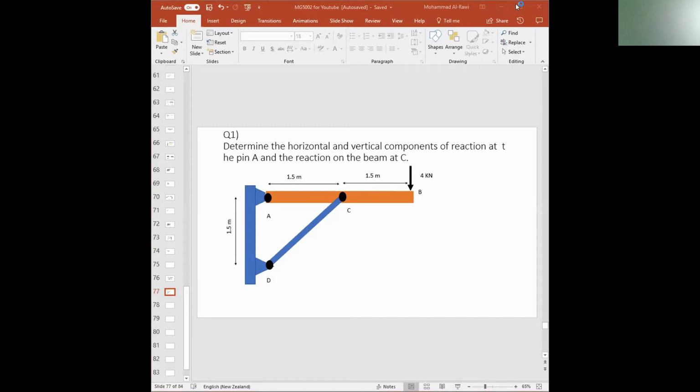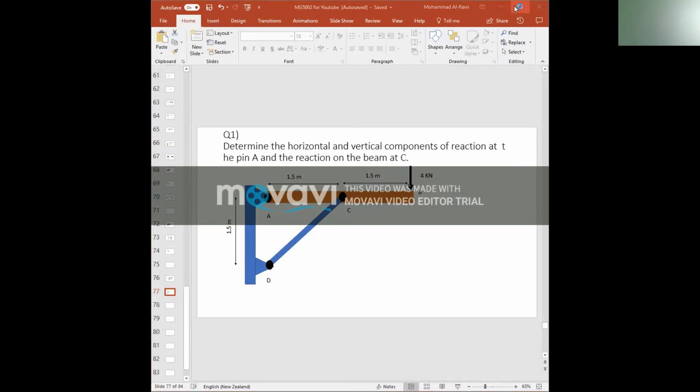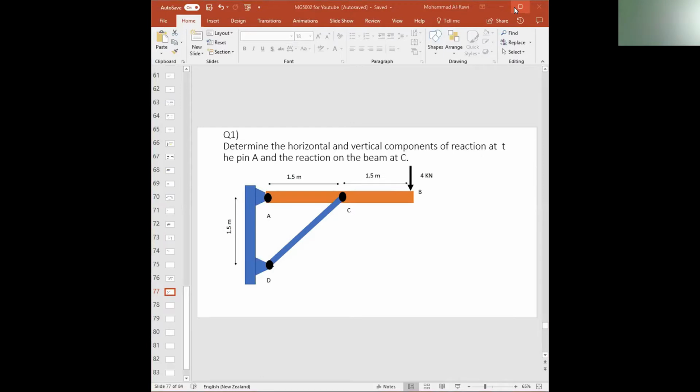I'll try to answer as much as I can today. In the test, you may get questions similar to this one. Remember, it covers the topic concurrent and non-concurrent forces. That's why I want to present it and show you how we can solve it.